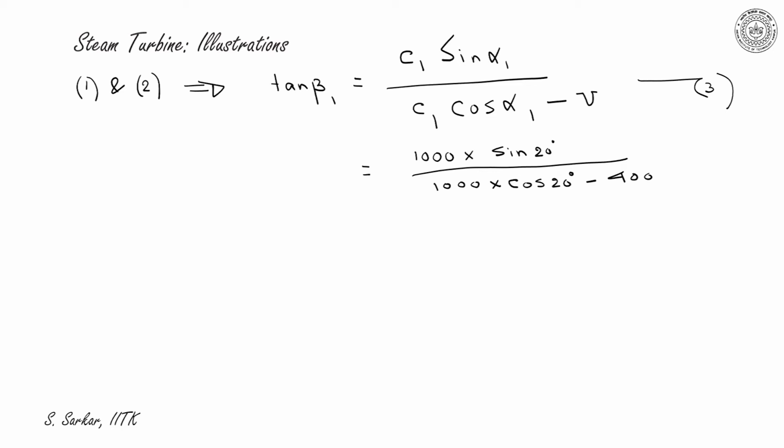So one can solve beta 1. I have solved it and got the value of beta 1. Please check the numerical value, 32.36 degrees. So this is the value of beta 1, that must be equal to beta 2.